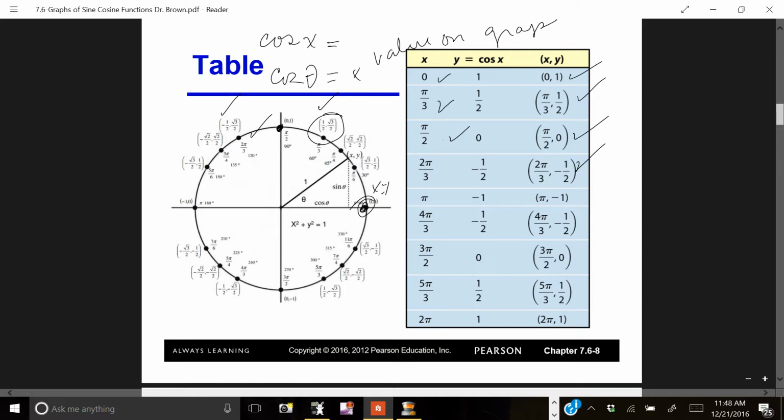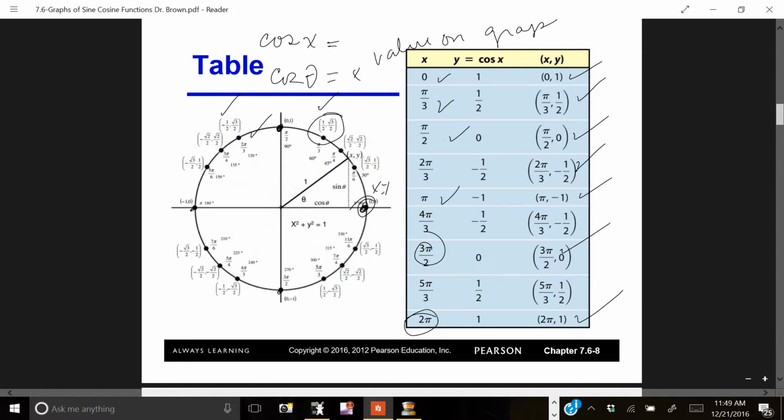And going all the way to pi, we see we're at minus 1. And then continuing, going to 3 pi over 2, we're at 0 again for the value of x. And at 2 pi, we're at 1.